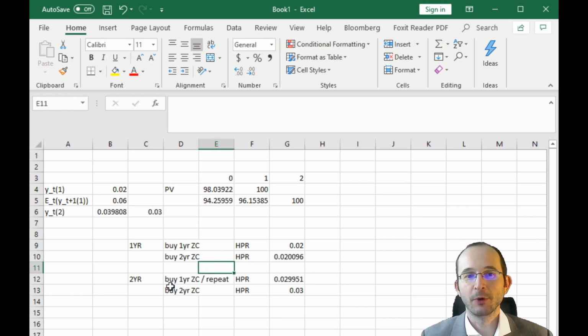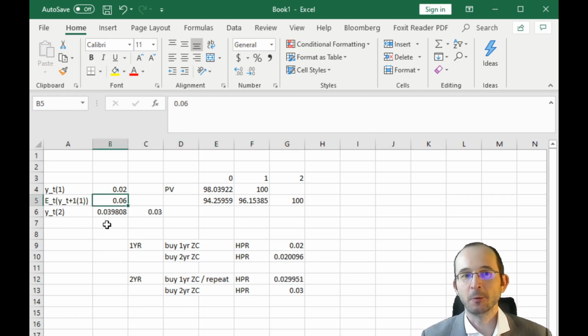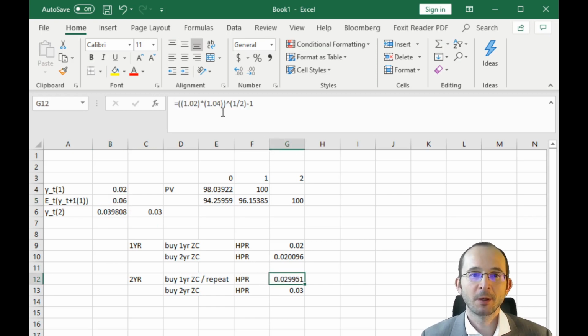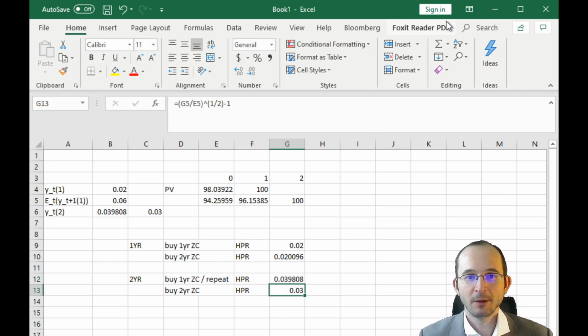Or if you follow the other strategy, you buy for 1 year, the 1-year zero coupon, and then you reinvest at the expected rate, which is now 6%, what would you get? Well, you would get, of course, 3.9%.